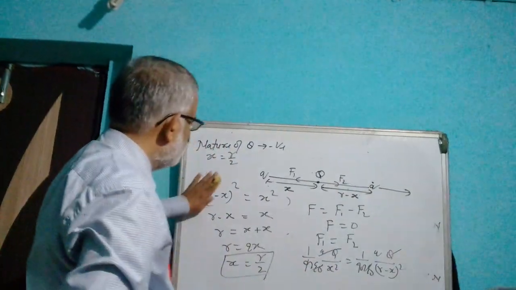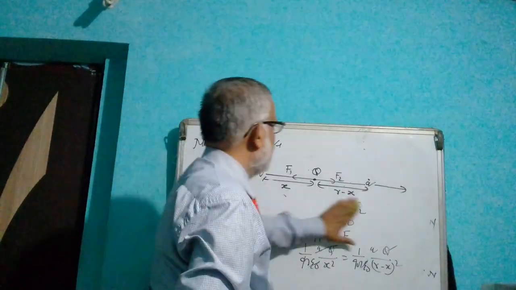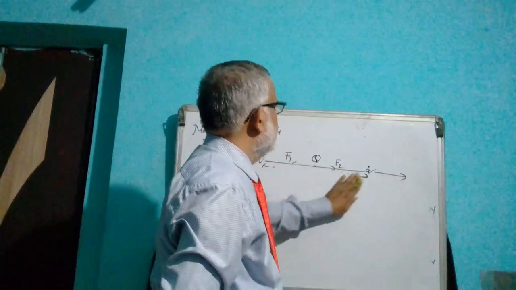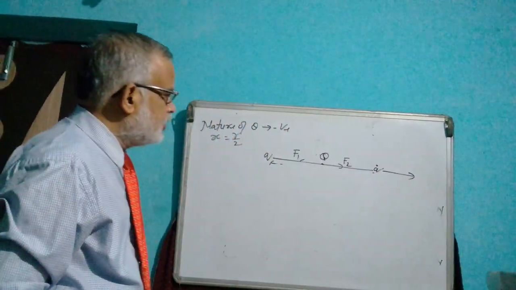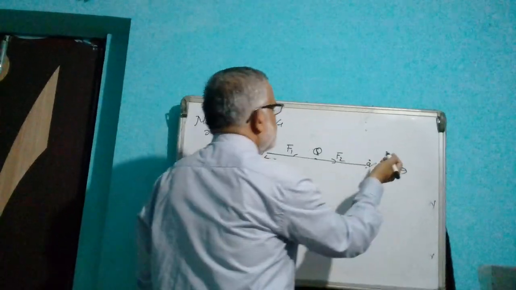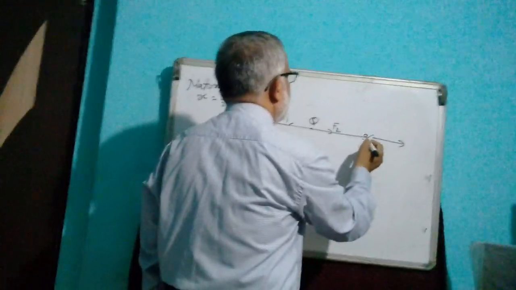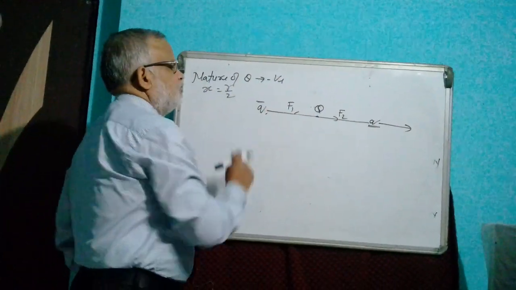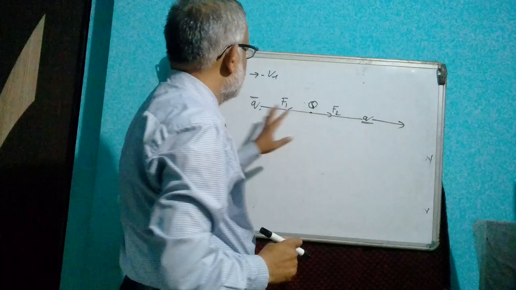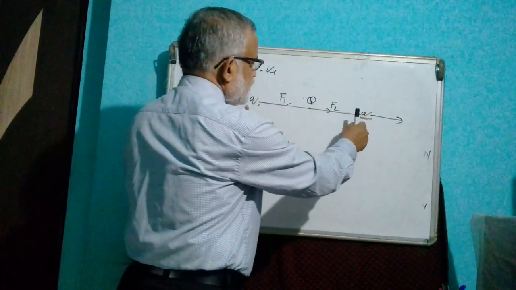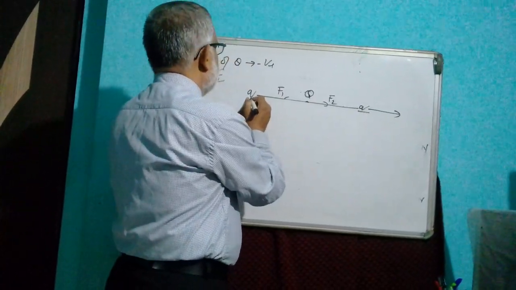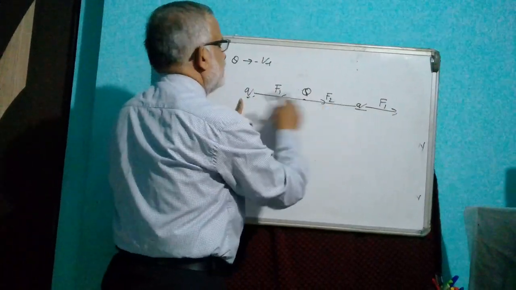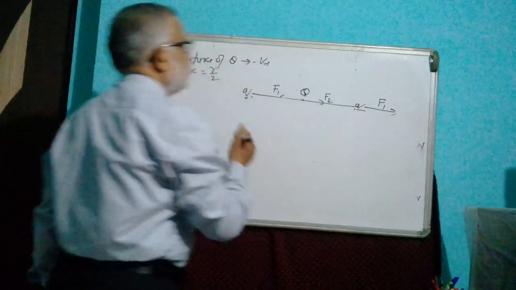To find the magnitude of the charge, we find the equilibrium of charge Q. We take charge Q. The force acting on this charge Q by small q is F1, because these are similar charges and repel each other.